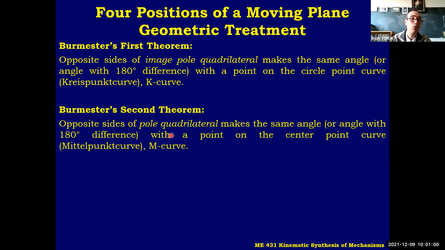Opposite sides of the pole quadrilateral this time make the same angle or 180 degrees difference with a point on the center point curve, or the original name Mittelpunkt curve, or it's called M curve or Burmester's M curve. Well, this curve is fixed. Why? Because it tells where the center of the circle is.